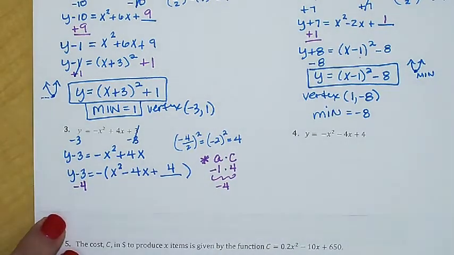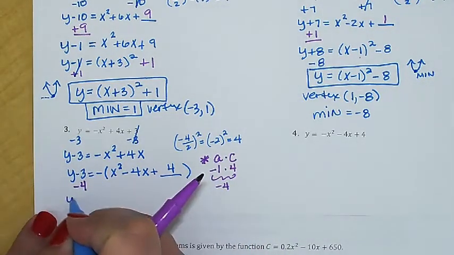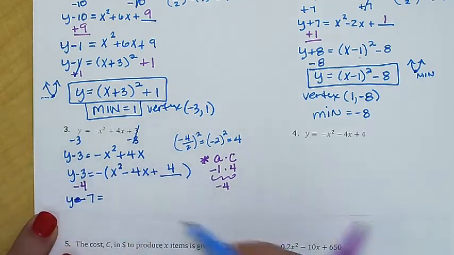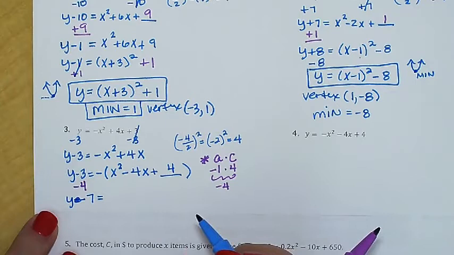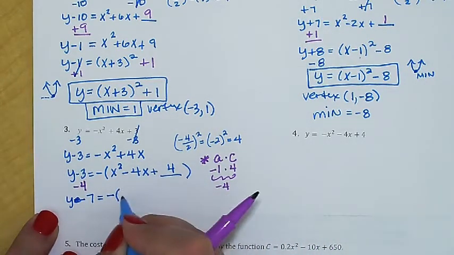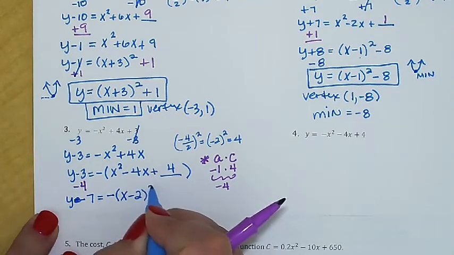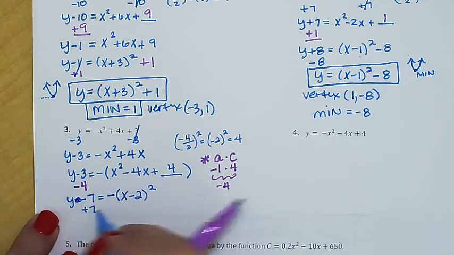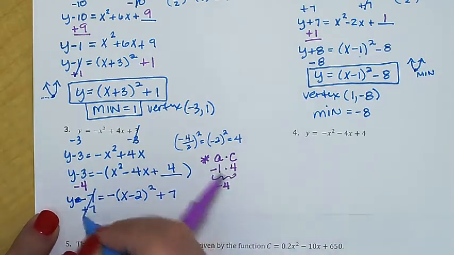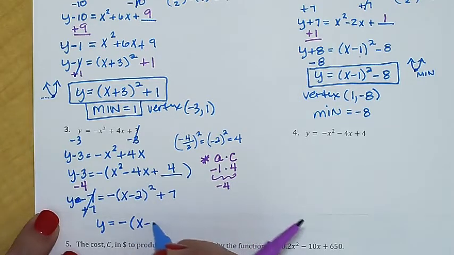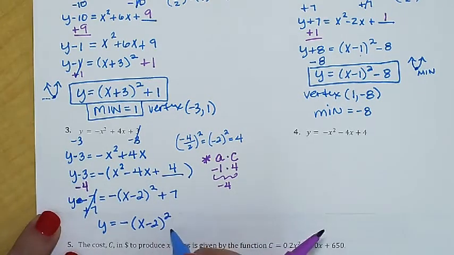Okay, so now that's going to be y minus 7, sorry, y minus 7 on the right side there. And then I have this negative on the outside. I have a perfect square that I can rewrite as a power. And now all I have to do is add that 7 back to the other side. So this is going to be y equals, you have the negative on the outside, x minus 2 squared, and then plus 7, and that is in our vertex form.